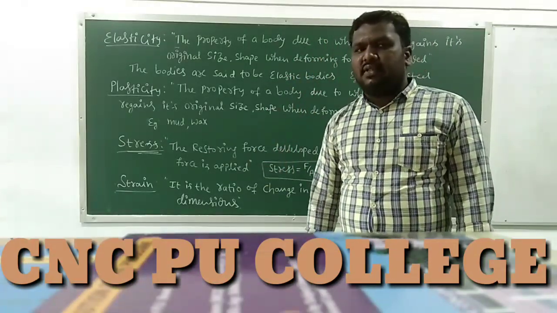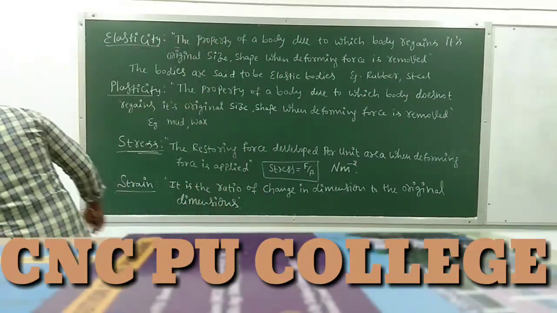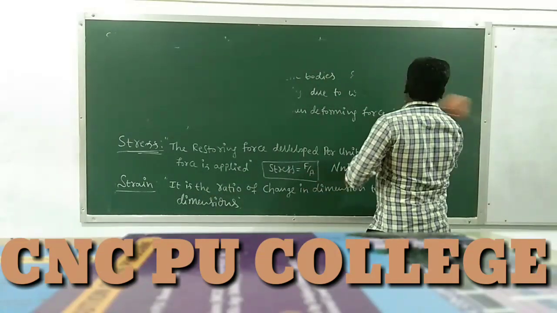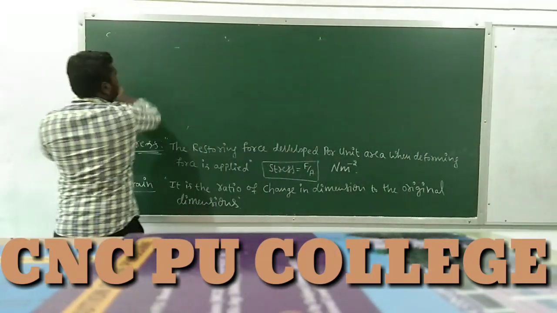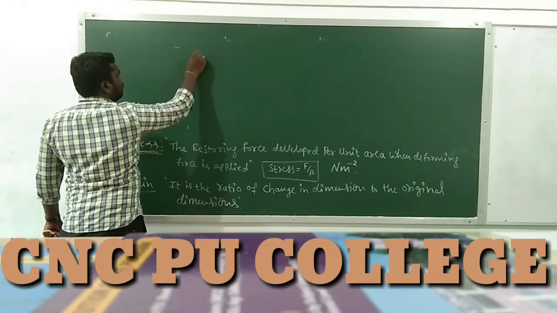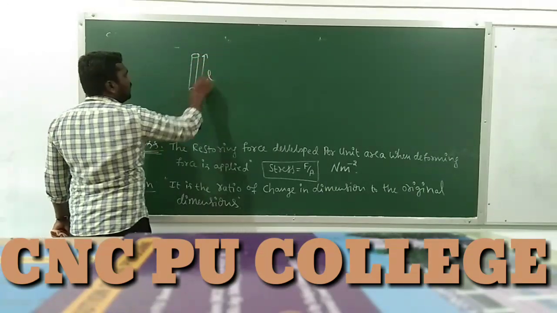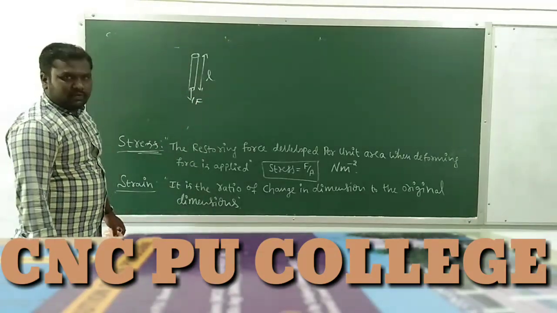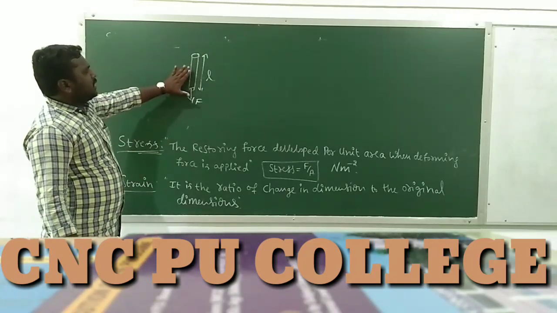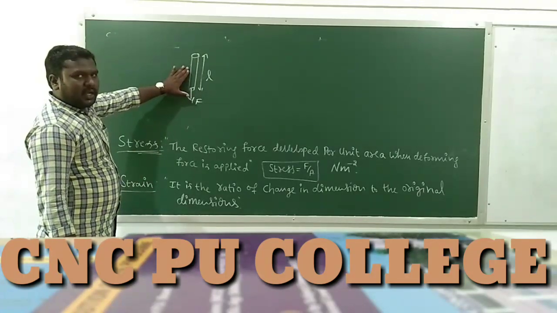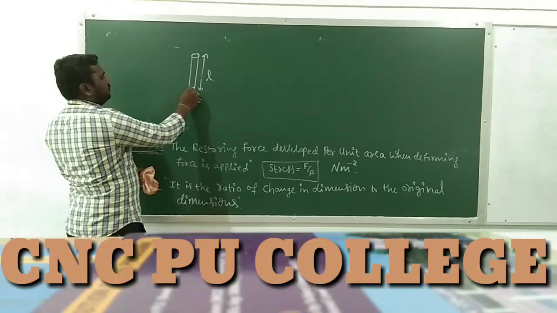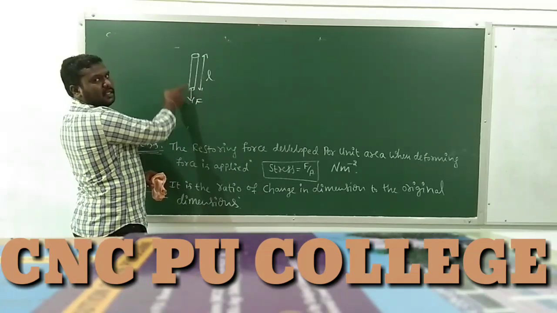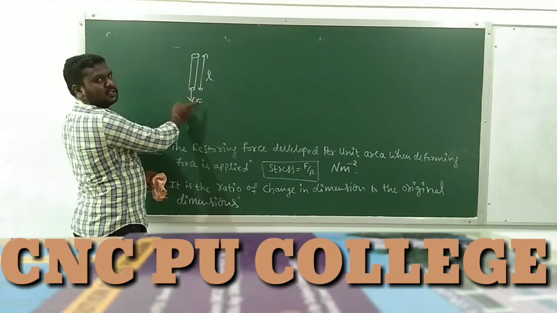Very important. Strain. Let us consider there is an object. Initially its length is L, and we are applying some deforming force, and because of that elastic behavior, it will have a restoring force, and the deforming force and restoring force are equal.